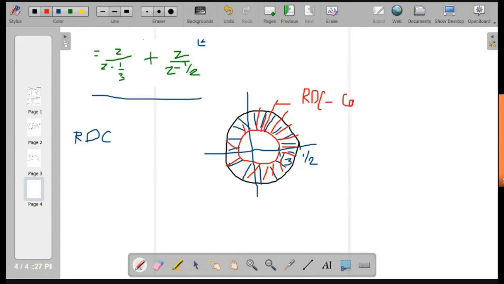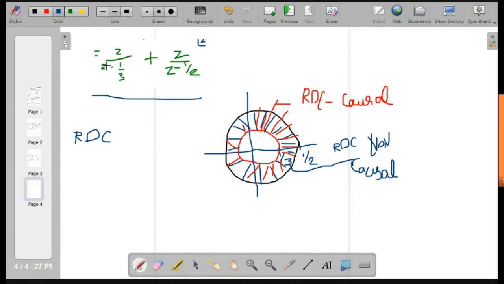And the blue is the ROC for the non-causal. Now this is done.